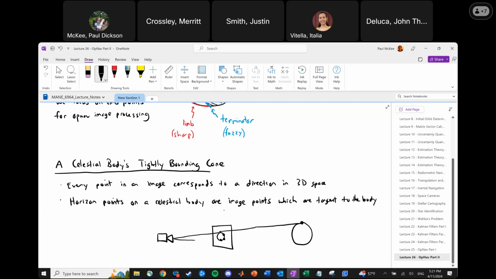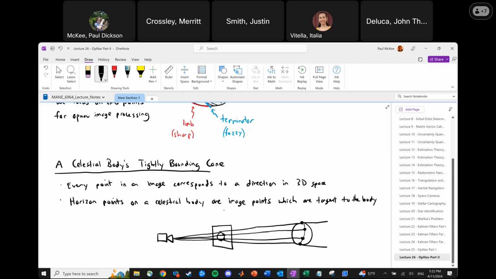That's good enough. And maybe this is the lit limb that you can see, that's kind of the horizon in the image. So you've got 4 image points and then 4 corresponding points on the surface of the moon. And you can imagine these vectors continuing off into space.